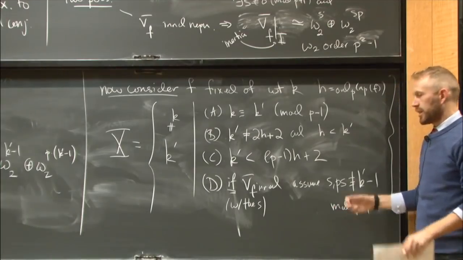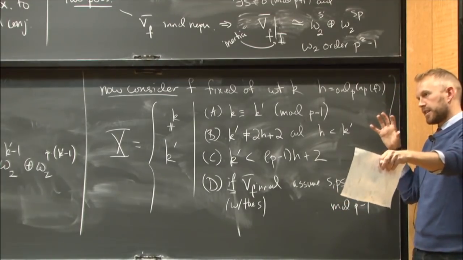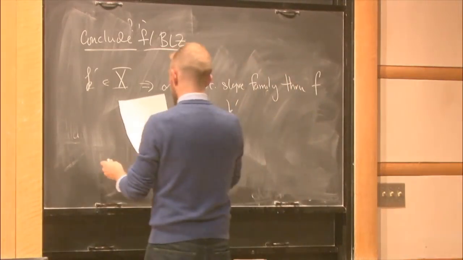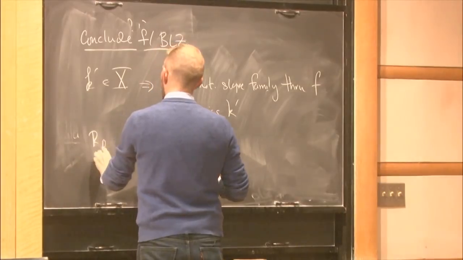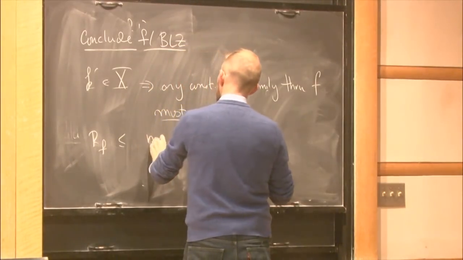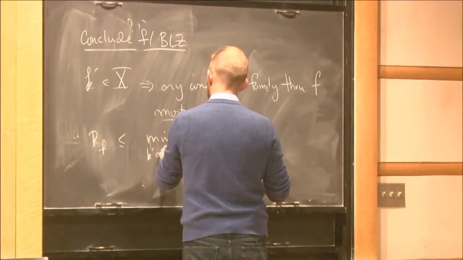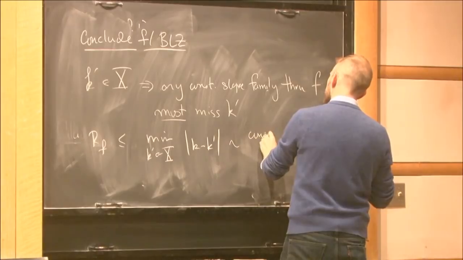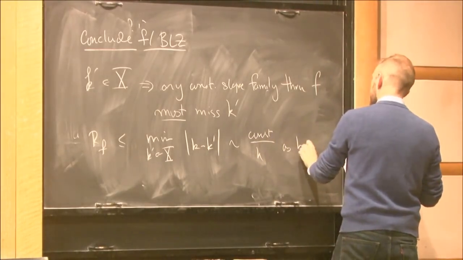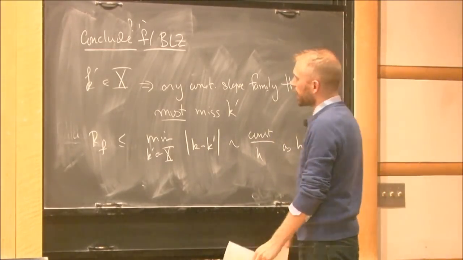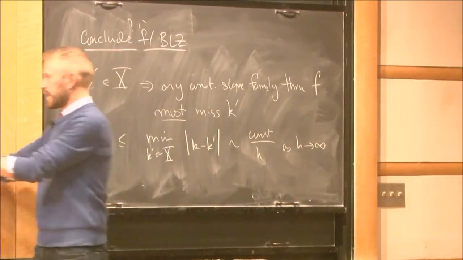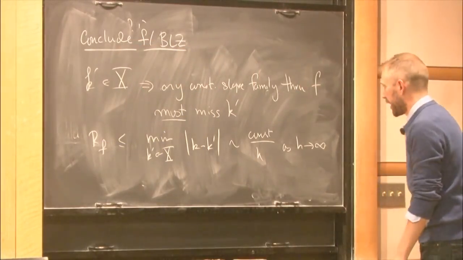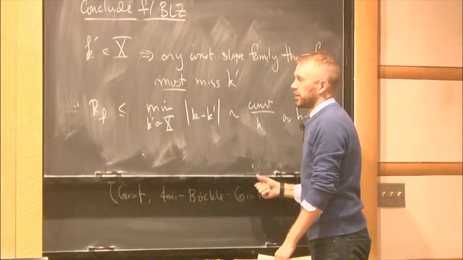Okay, so when you do this congruence, that doesn't ruin the p-adic comparison in this big interval, and same for this one. So what you conclude is that r_f is bounded above by the minimum over all of these weights of the p-adic norms between k and k prime, and that's basically a constant over h as h goes to infinity. That's just some analysis of how congruent things in a consecutive interval can be to k. It's just some combinatorics.